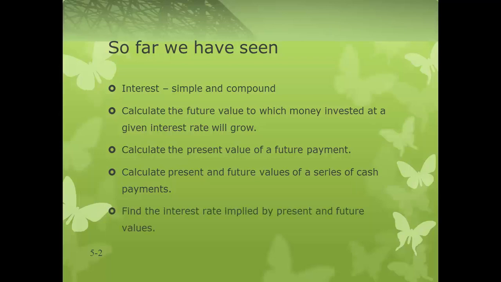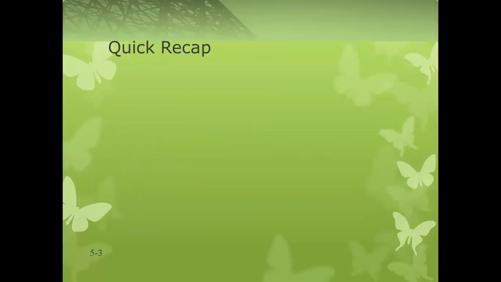Next, we've also found the interest rate implied by present and future values. Now let's do a quick recap of what we've seen. Present value times 1 plus rate times time is the future value if we calculate it by simple interest. Otherwise, it is present value times 1 plus rate to the power time if we use compound interest.